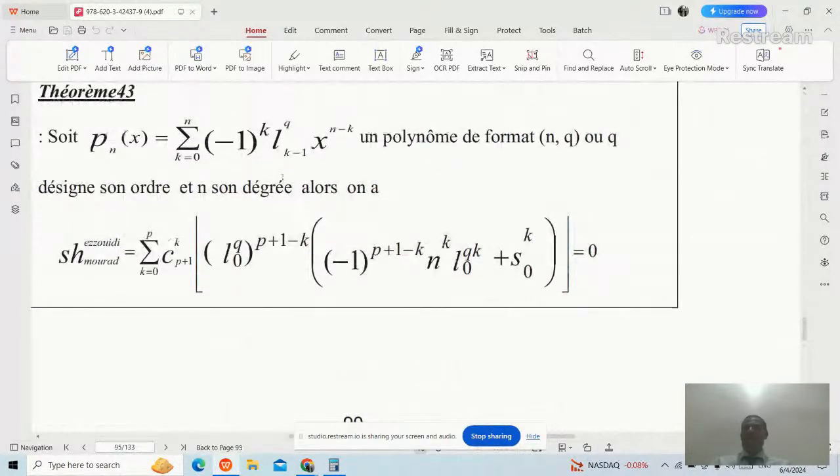So let P_n(x) equal the sum from 0 to n of (-1) raised to the power k, L_{k-1} over the q, x^(n-k), for a polynomial to the power 4.